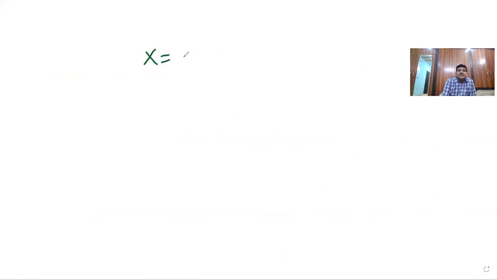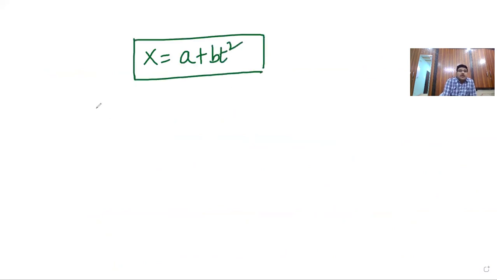The displacement equation is x equals a plus b t square. This is the equation. Now, x2 I need. x2 is equal to a plus b, at what time? At 4 seconds, so 4 square.